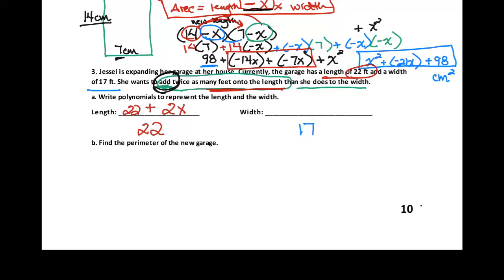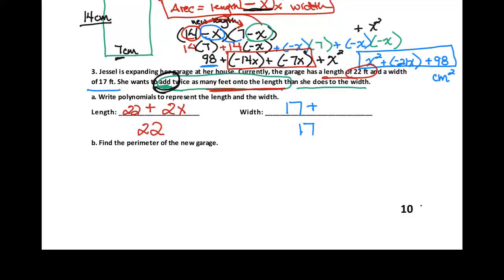It was 22 feet. She's going to add twice as many feet onto the length than she does to the width. So the width of the garage was 17 plus, if the length is twice as many and she doesn't add twice as much, she just adds the regular amount, what am I adding to the width? Am I adding the same amount, 2x?